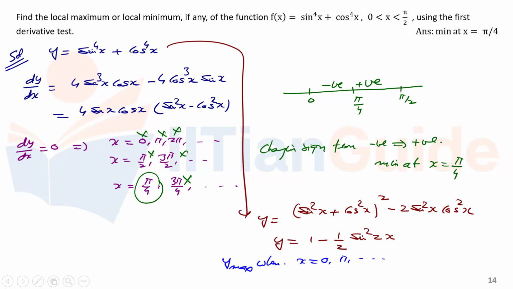And y is minimum when this term is maximum. The maximum value can be 1, and it is 1 when it is sin 90, or x is pi by 4. So y is minimum when x is equal to pi by 4. Further points will also come, but they will go outside the range, so no need to worry about that. We can do it with trigonometry. Minimum at x equal to pi by 4, that is better.